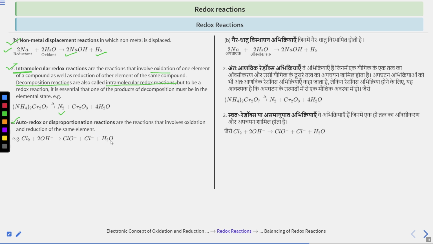For example, Cl2 + 2 OH- giving us ClO- + Cl- + H2O. So the same element Cl2 is reducing and oxidizing both. These types of reactions are auto redox or disproportionation reactions.